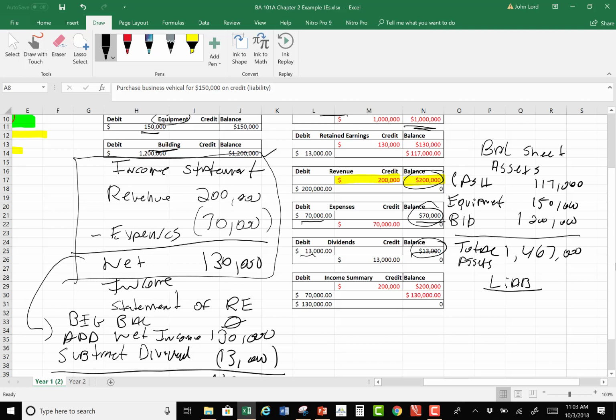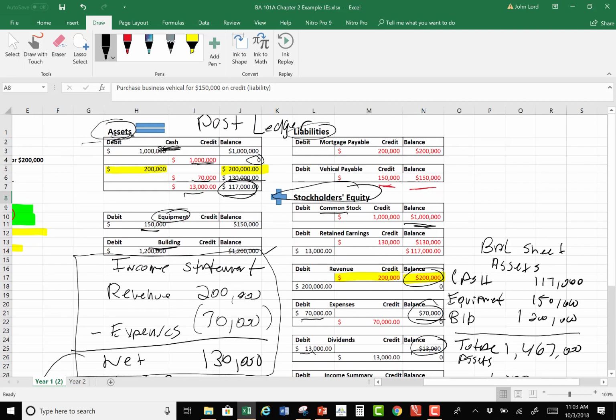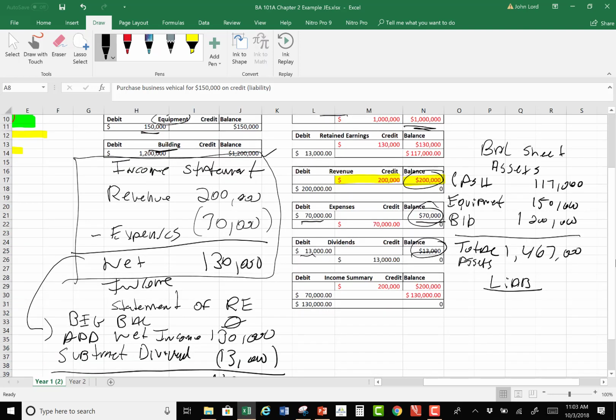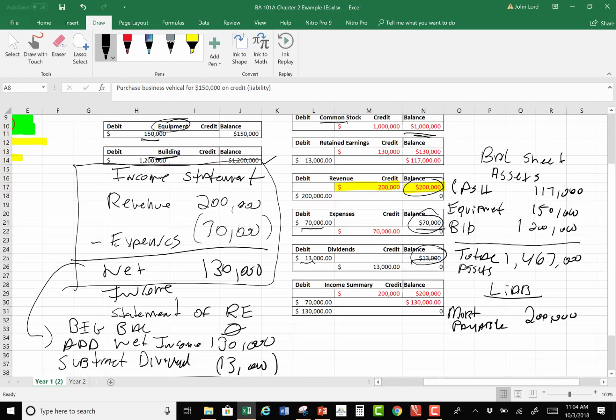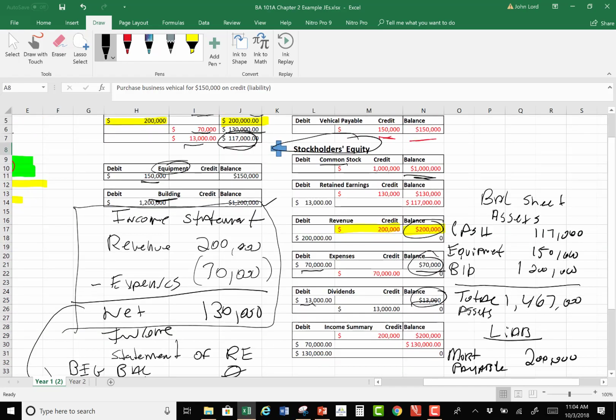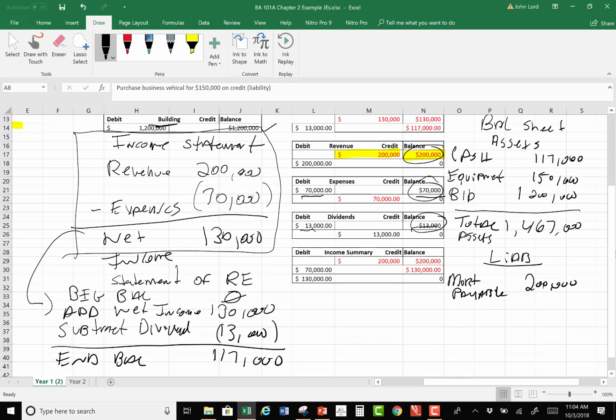And do I have any liabilities? I have a mortgage payable, right, of 200,000. Do I have any other liabilities? Vehicle payable, good.